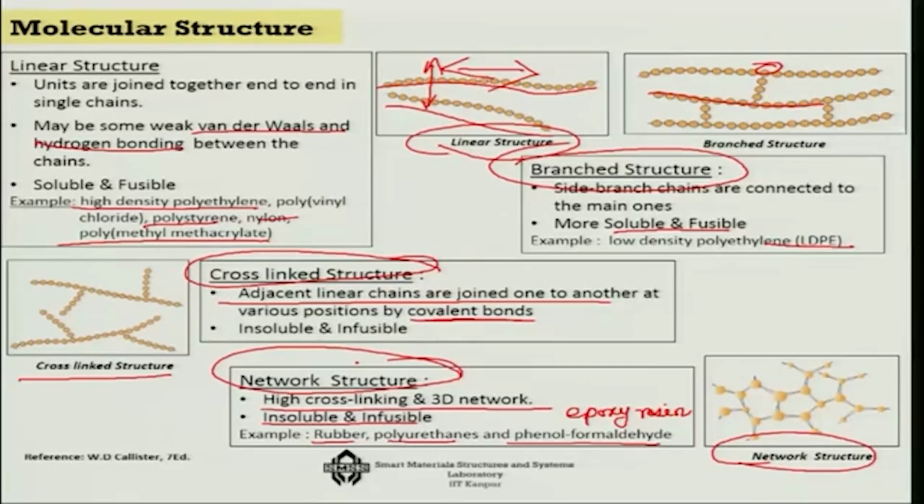This is also important in the sense that cross linked and network structures are mechanically more rigid than the linear and the branched structures. There is a correlation between the molecular structure point of view and the thermophysical point of view of how we categorize polymers.